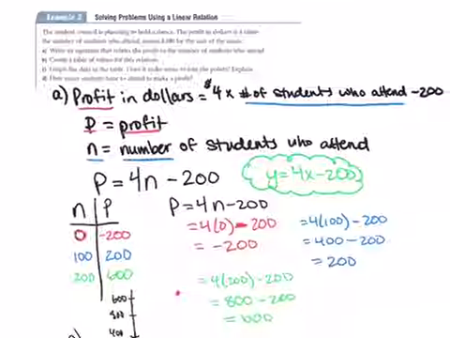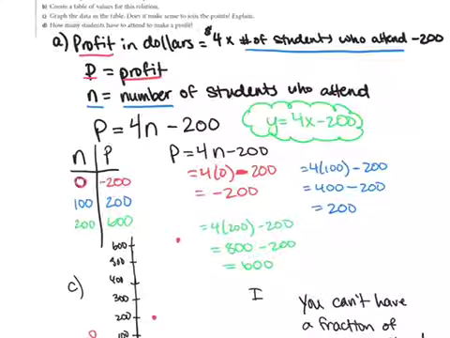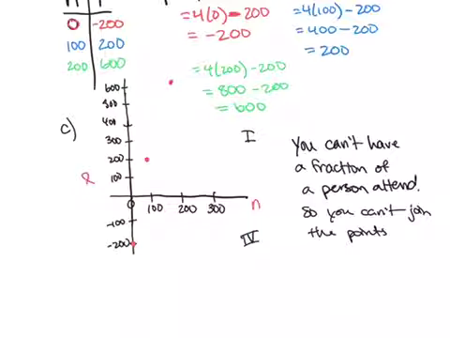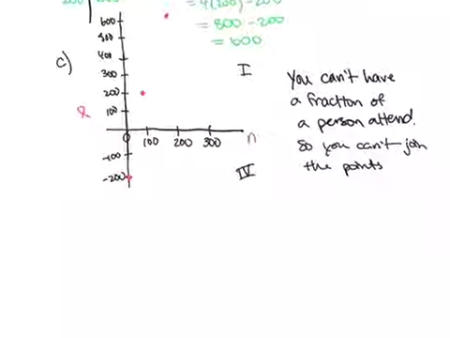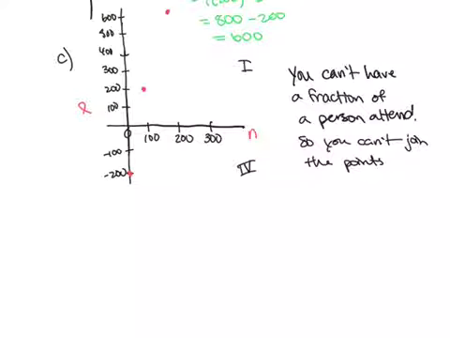Last question here says, how many students have to attend to make a profit? So basically, when do you break even? You can do this a couple of different ways, but I think the easiest way is thinking, well, to break even, it's right here. So it's actually when y is equal to 0.